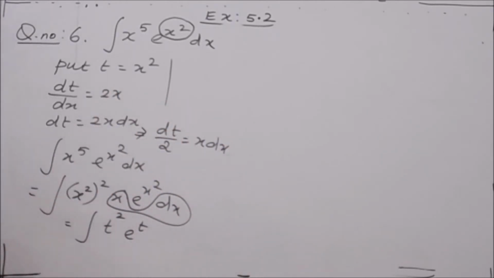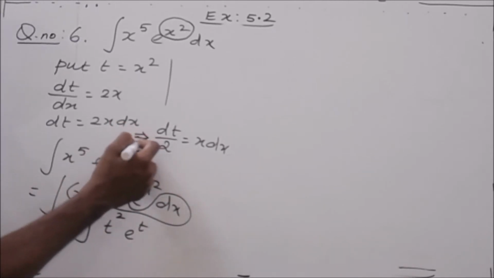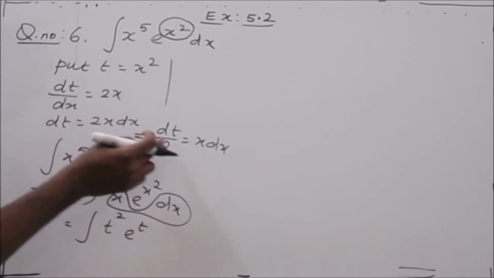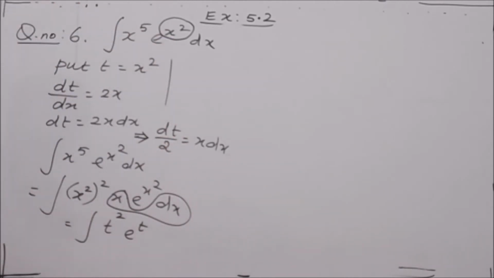This is the method of substitution. So substituting the power x square as t, we get dt by dx is equal to 2x. Now dt equal to 2x into dx. We need the value of x dx here. So finding x dx as dt by 2 from the result. Substituting all these values in the above given equation.